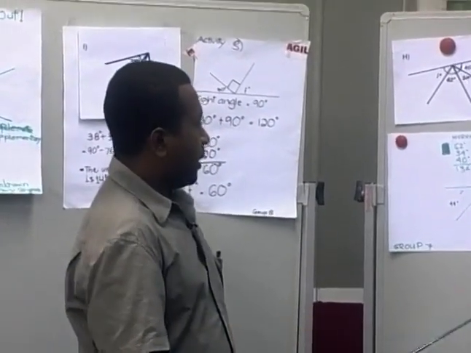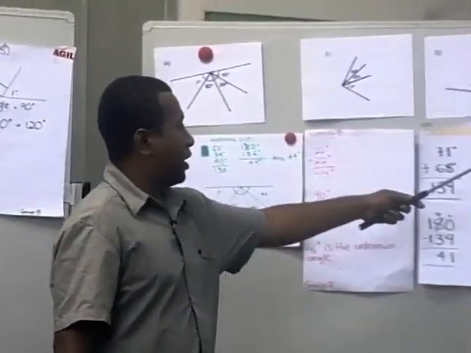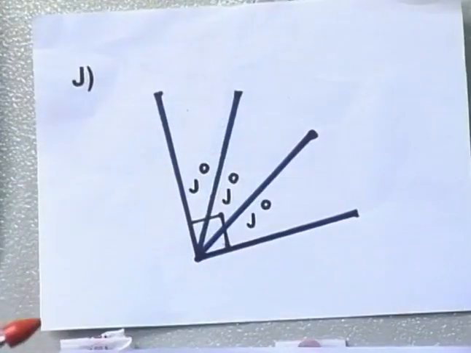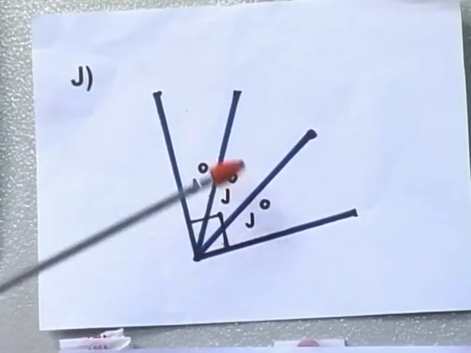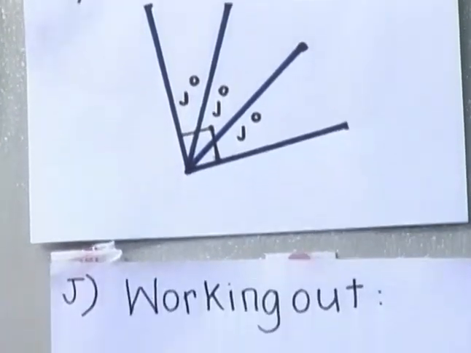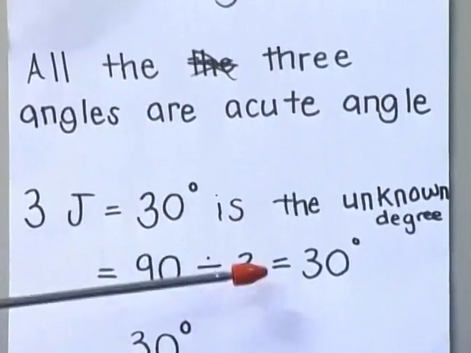Okay, Eddie's group have identified the 3 unknown angles here, the J angles, and they said these 3 unknown angles add up to 90 degrees, which they divided among these 3 angles.